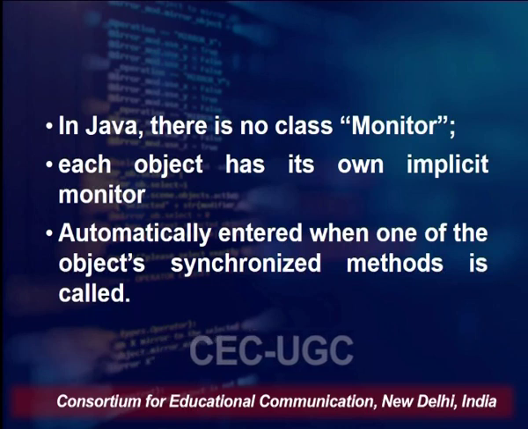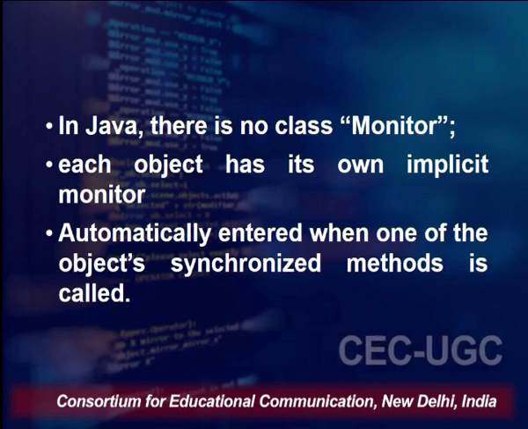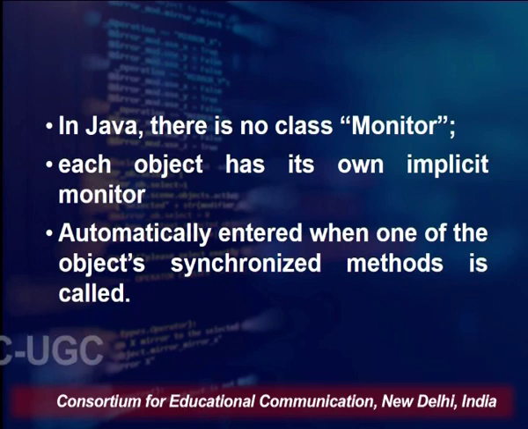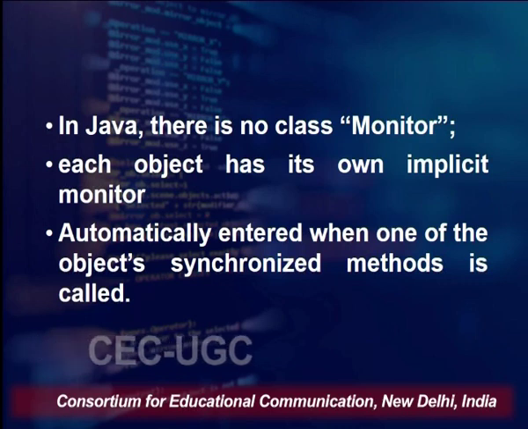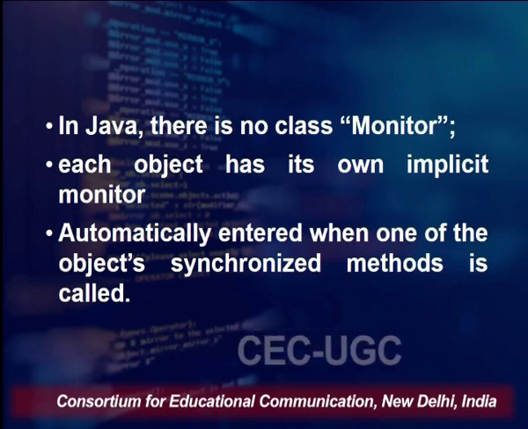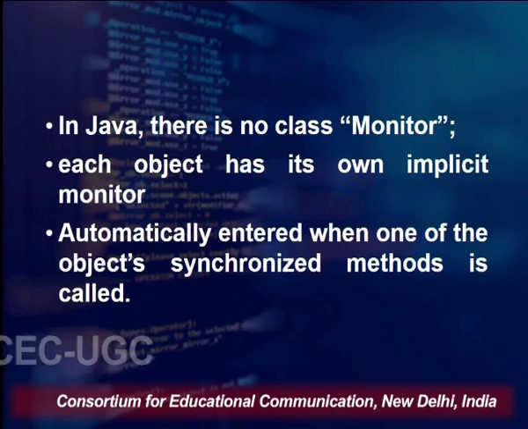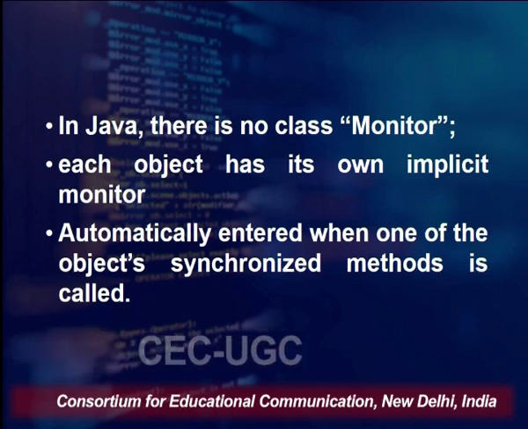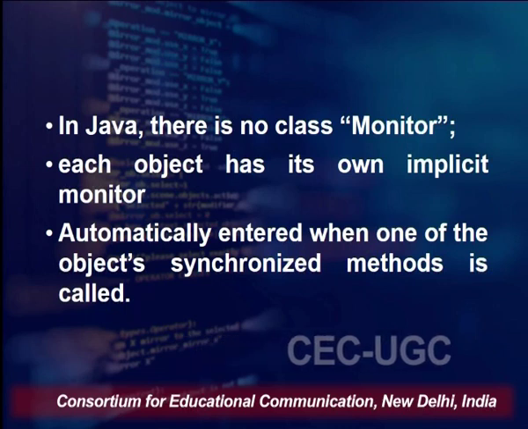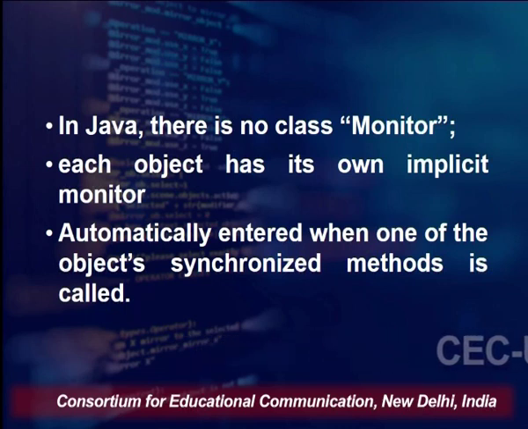In order to implement this synchronization facility, each object we create has its own implicit monitor, and the object is considered as automatically entering the monitor when one of the object's synchronized methods is called.